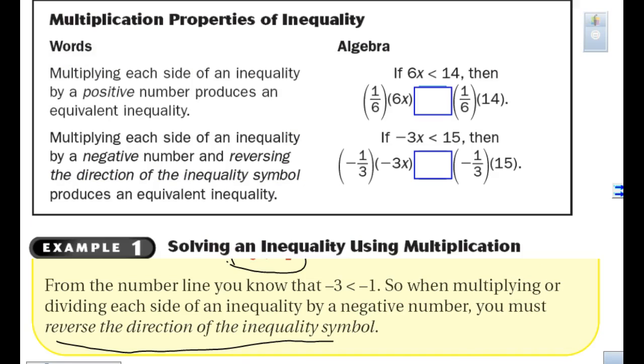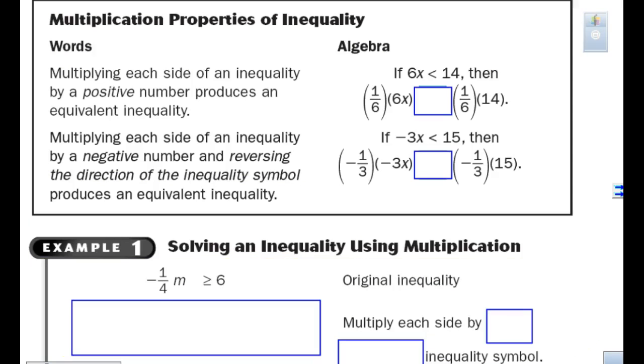So, turn to that next page, 22 in your notes. And it says, okay, what happens if I multiply by 1/6 on both sides to solve this? And a lot of you, what would you have done if you saw 6x less than 14? Would you just have divided by 6 on both sides? I would too. I'd just put divide by 6. But no, dividing by 6 is the same as multiplying by 1/6.